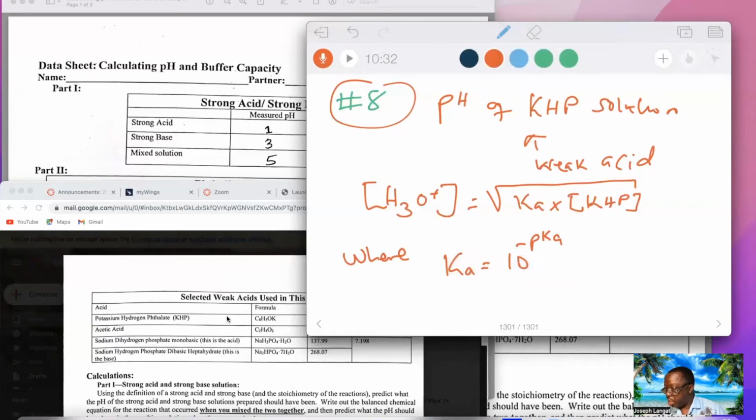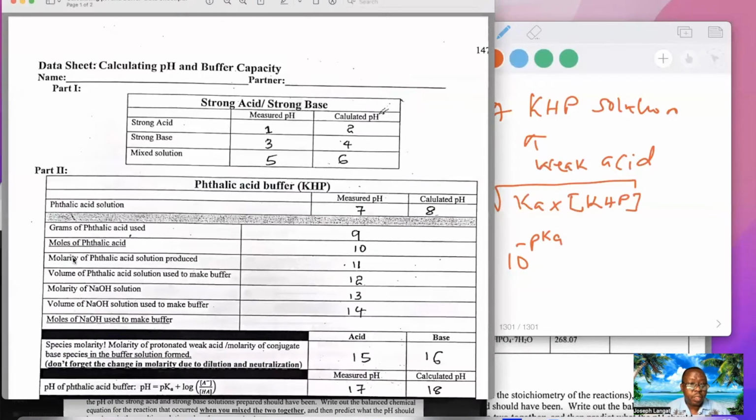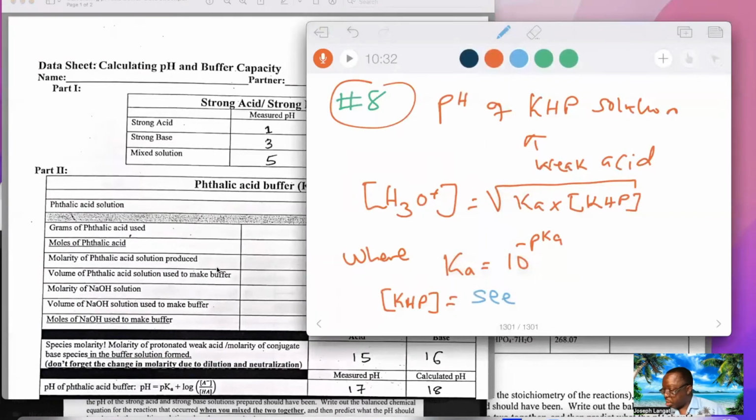And then the molarity for KHP, we already determined that here. This is the molarity, line 11, C, right? Line 11.